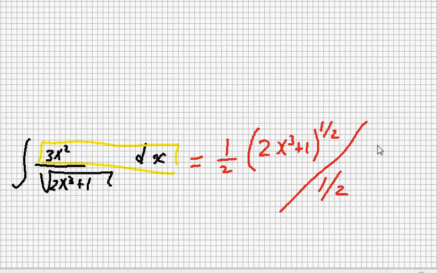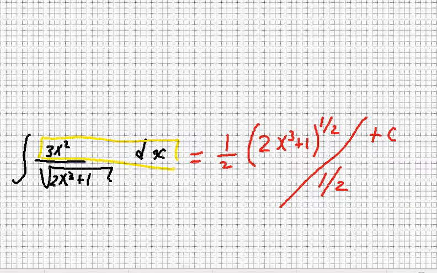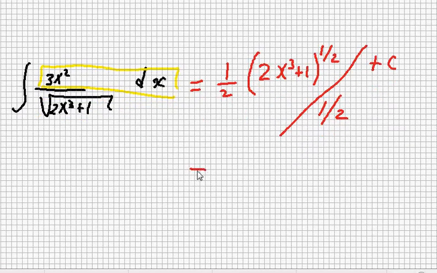And then of course, I have to add a plus c. If I simplify, this simply becomes 2x cubed plus 1 to the 1/2, because these halves cancel out, plus c.